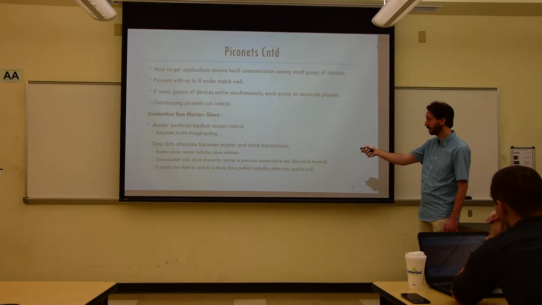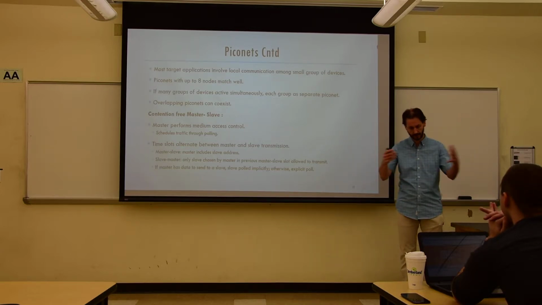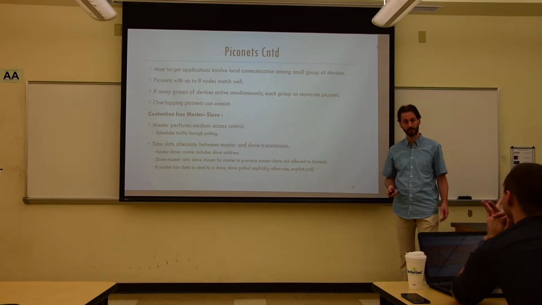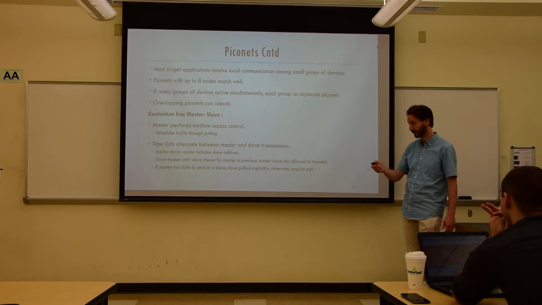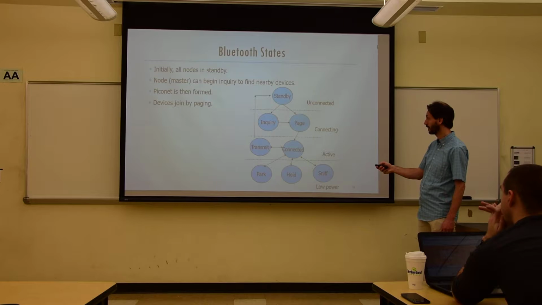All right, so the master performs medium access control, schedules traffic, and so forth, all kinds of stuff. Now you do not need to worry about a larger network. You're only going to talk about your application where you communicate between two. So what kind of states can we have?